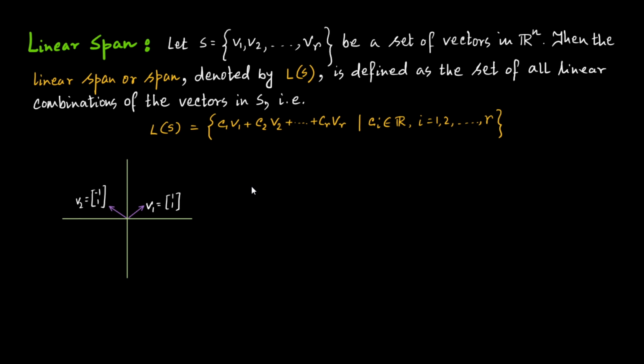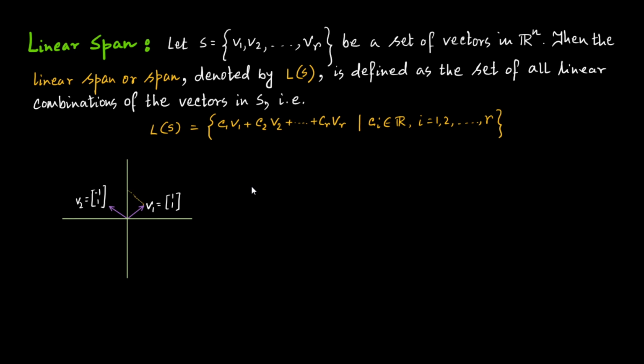Okay, let us consider one specific linear combination. Say, for example, 1 into v1 plus 1 into v2, that means v1 plus v2. So I have to add v2 with the v1.